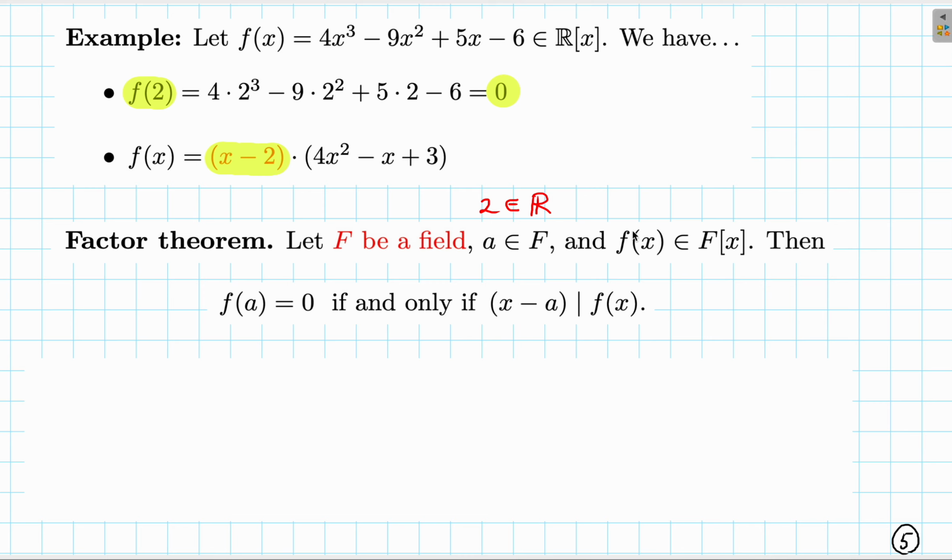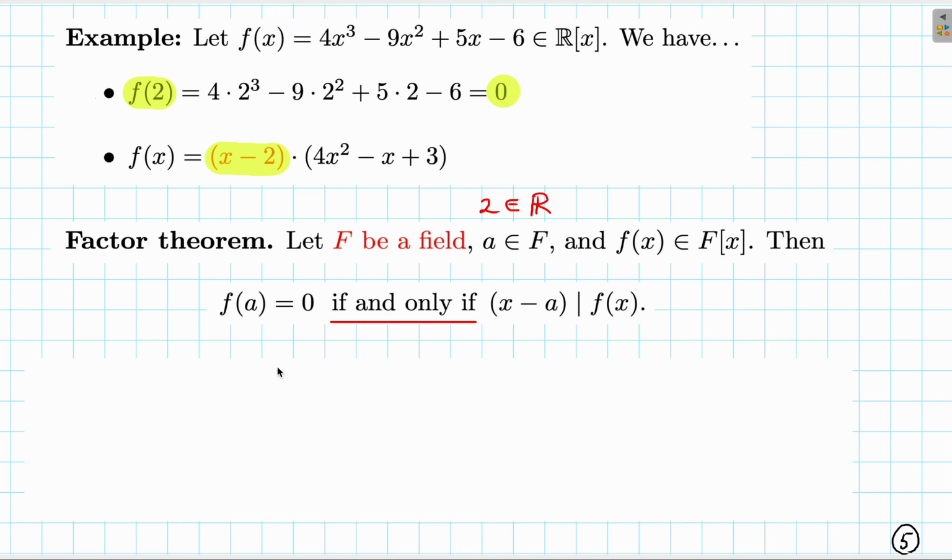And then f of x being our polynomial. Then the factor theorem says f of a is equal to 0 if and only if x minus a is a factor of f of x.